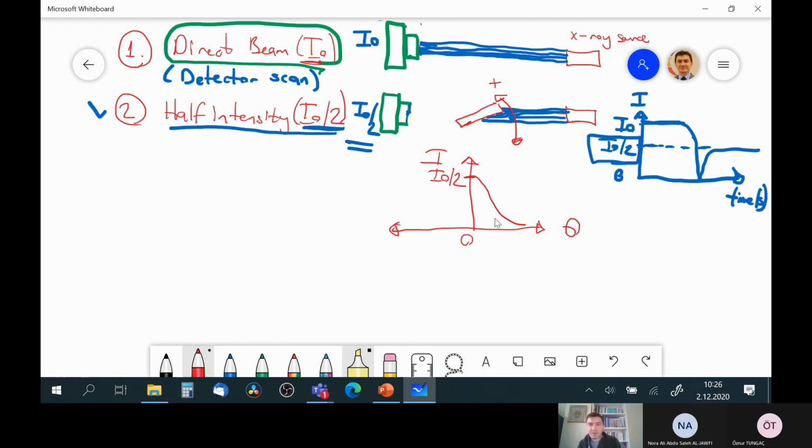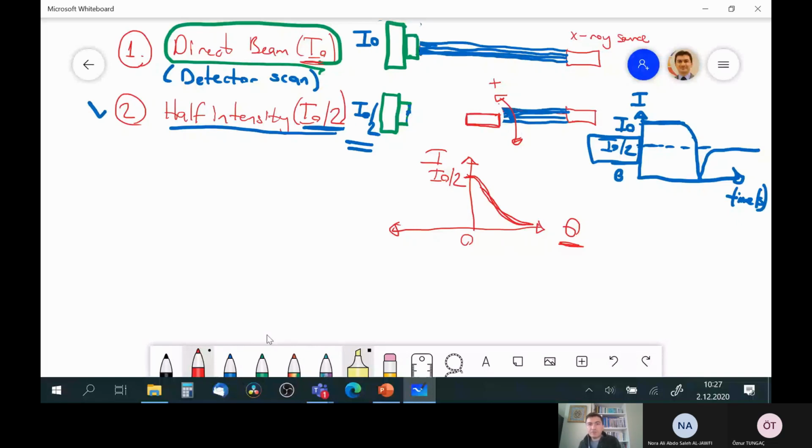For this reason, if you increase this theta angle in the positive direction, then intensity goes down and finally goes to 0, because no intensity can go to the detector. And if you come back again to the old position, let's consider it is perfectly parallel to the beam. At 0 position, again, half of the beam goes to the detector.